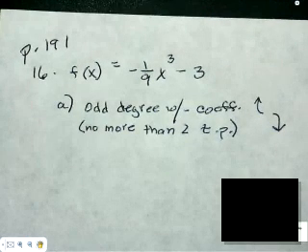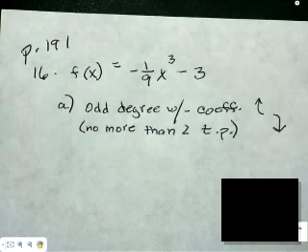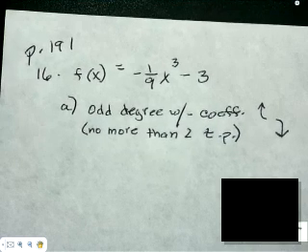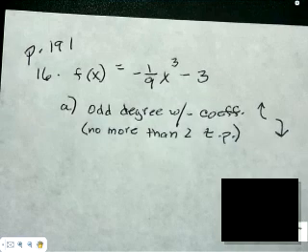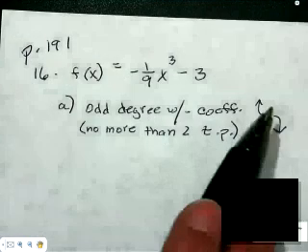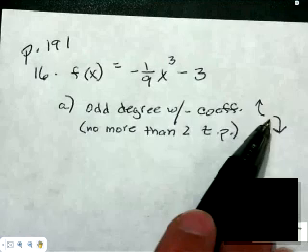It doesn't have any turning points. I need to be careful of how I word that. Yeah, that's what I wrote is correct. What I just said is not correct based on what I said was a turning point. This is going to have a turning point. It's not going to have more than one turning point.